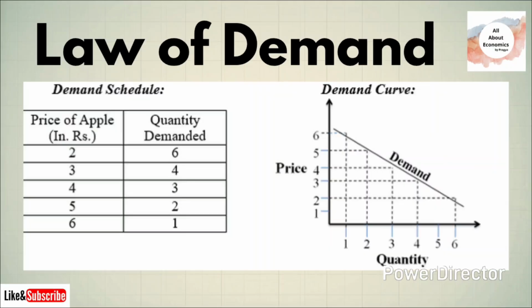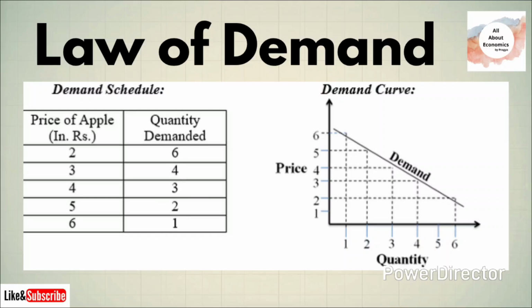Now let's understand this through the demand schedule and demand curve. Demand schedule is basically the tabular representation of the combinations of price and quantity demanded. It is a table showing different combinations of price and quantity demanded. Here we are taking a commodity, apple, and the price in the market is increasing. When the price is increasing, we understand that the quantity demanded will decrease.